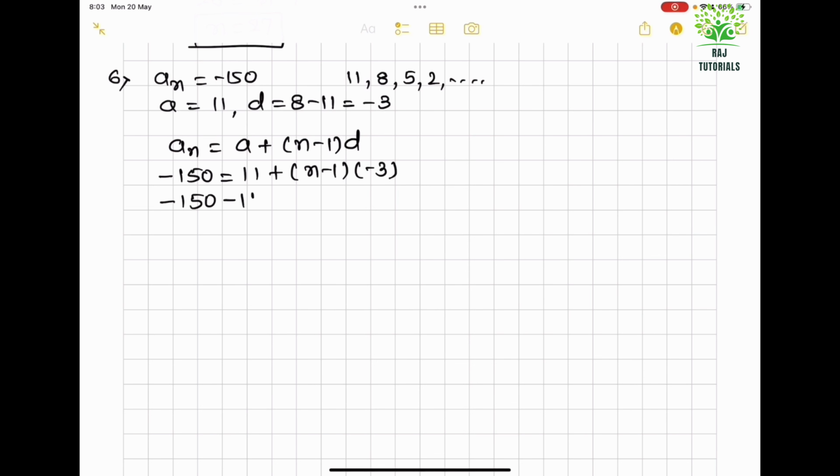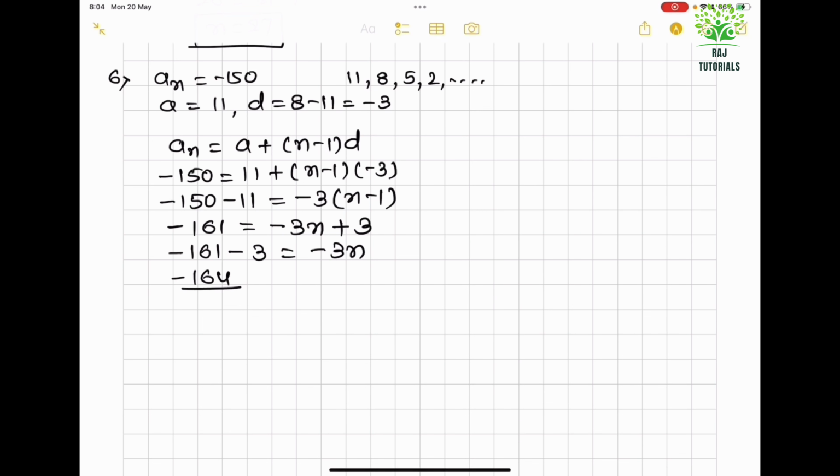So minus 150 minus 11 equal to minus 3 into N minus 1. So minus 161 equal to minus 3N plus 3. So I can say minus 161 minus 3 equal to minus 3N.